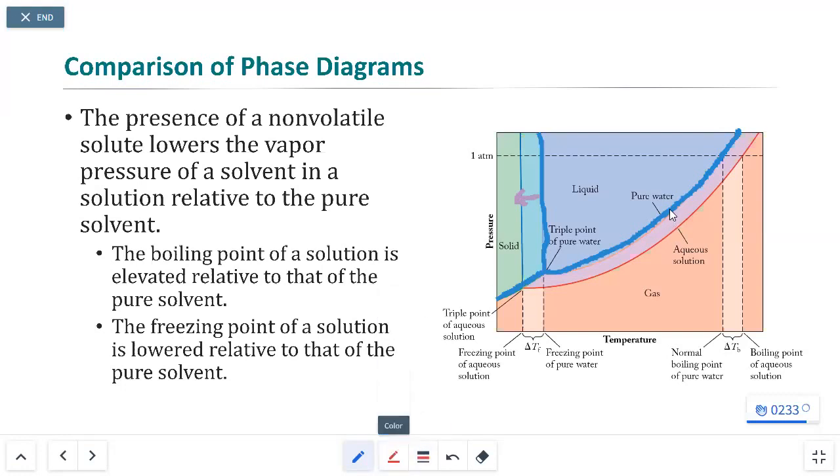And that liquid to gas line moved forward. So our new phase diagram for this solution features a much more prominent, much larger liquid section than the phase diagram of the solvent by itself did on its own.